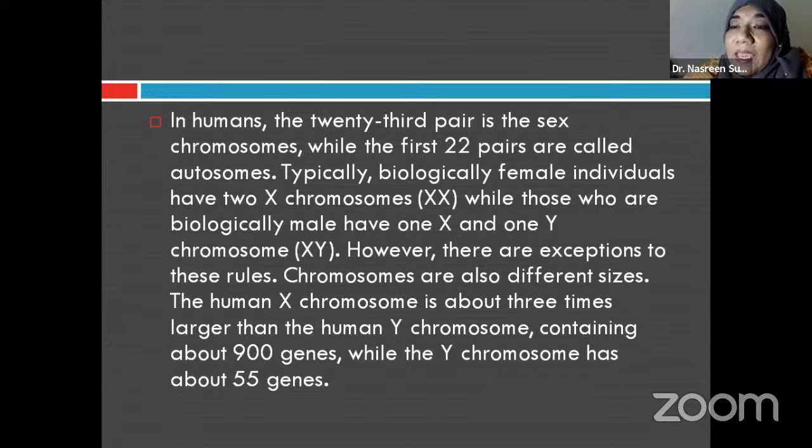Whereas in a male there will be XY chromosomes. If a child receives the Y chromosome, then he will be male. If a child receives the X chromosome, then the fetus will be female. So the sex of a fetus or child is determined by the chromosomes of the father but not of the mother.